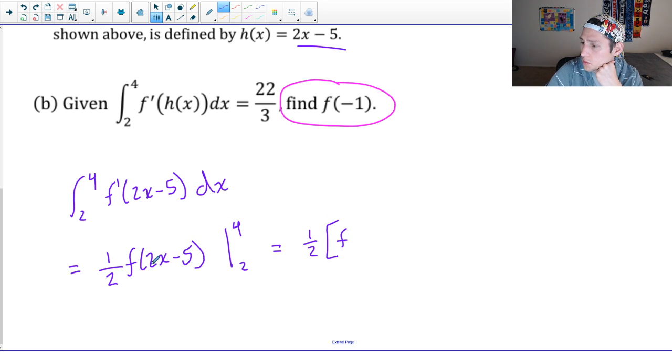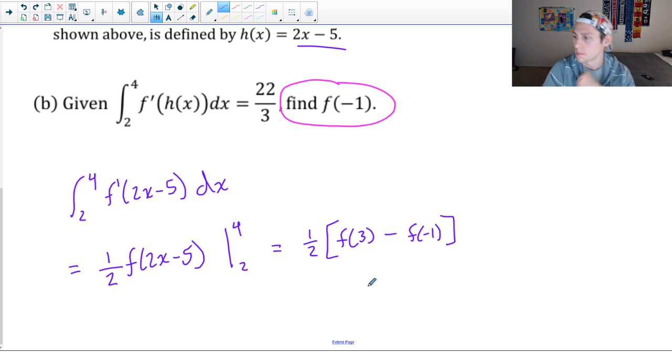Okay, so that equals, I'll just leave that 1/2 in front. If I plug in 4, 4 times 2 is 8, 8 minus 5 is 3, so that would be f of 3, minus, plug in the lower bound 2, 2 times 2 is 4, 4 minus 5 is -1, so f of -1. And interestingly enough, I now have an expression that has f of -1 in it, and that's great because that's the thing that I'm trying to find.